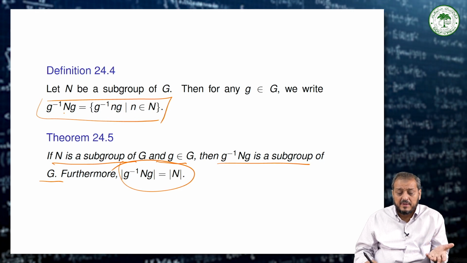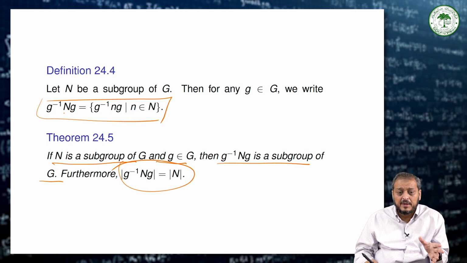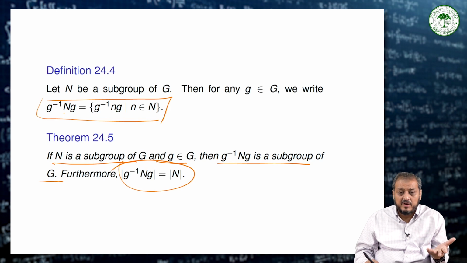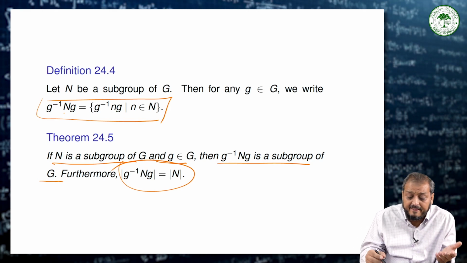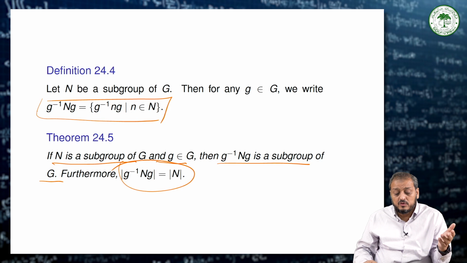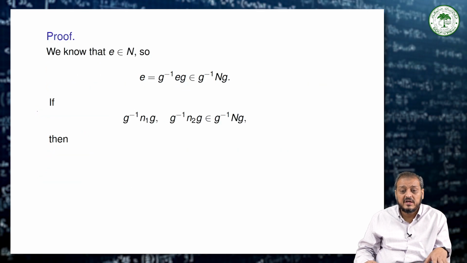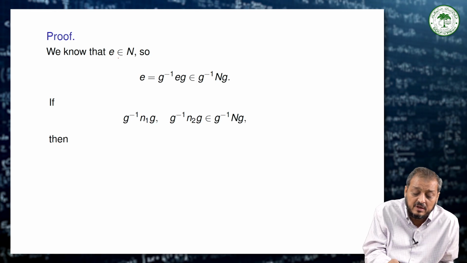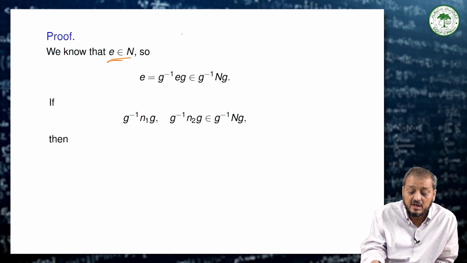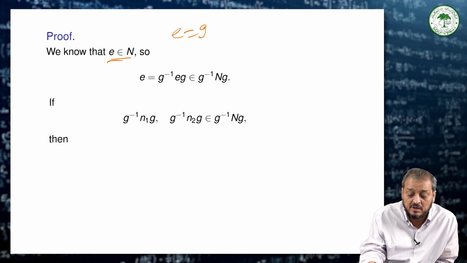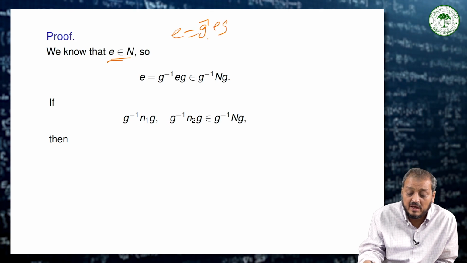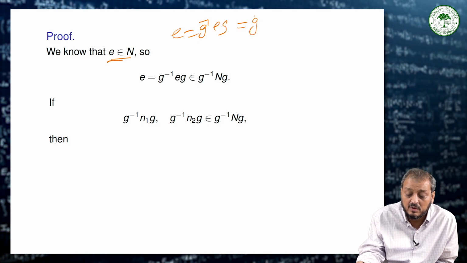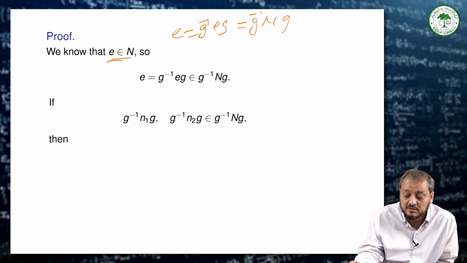So if we take the identity, clearly this set is non-empty because e is an element of N, and then e can be written as g inverse e g, which is nothing but g inverse N g.